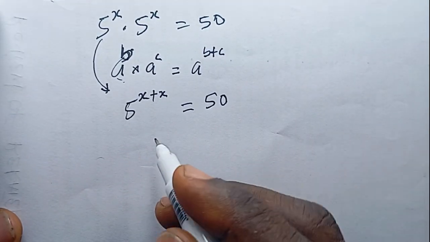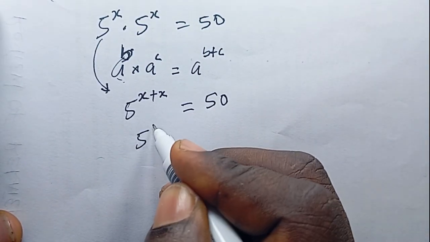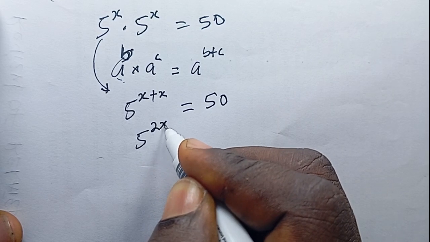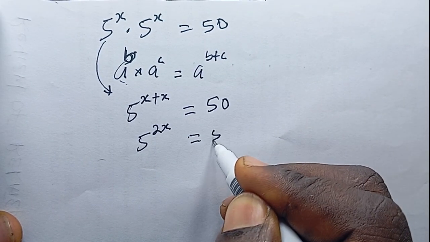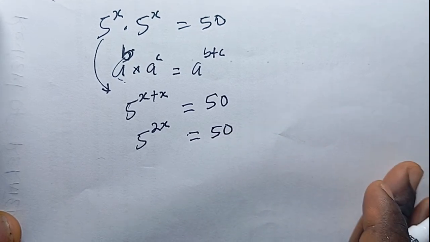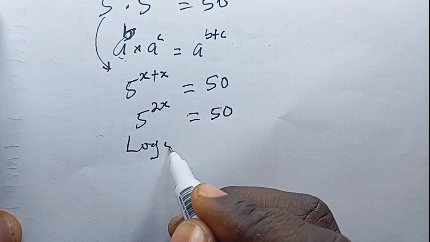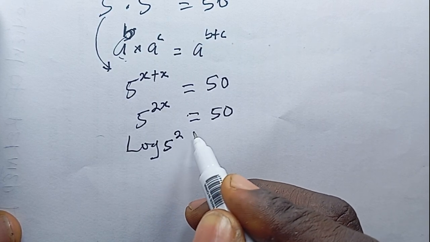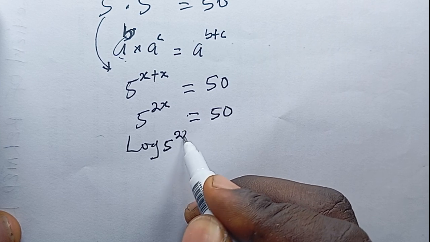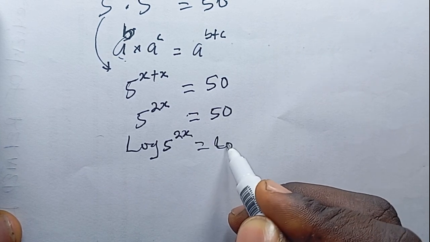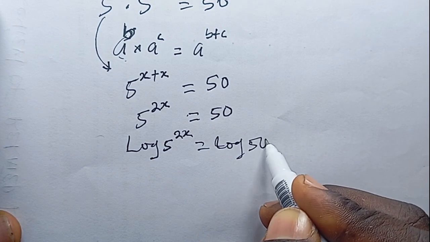Moving on, what I now have is 5 power x plus x, which is 2x, equal to 50. And at this point, I can actually take the log of both sides. So I'm going to have log 5 power 2x is equal to log 50.